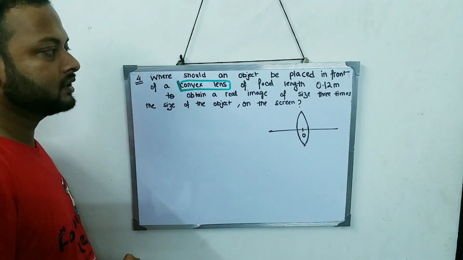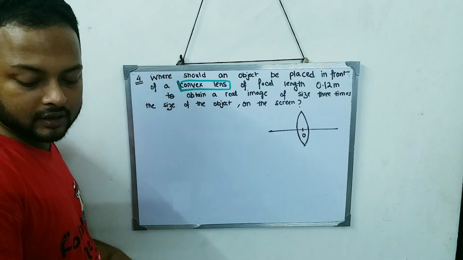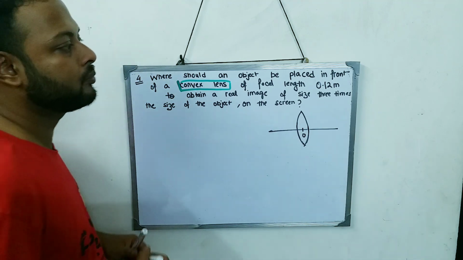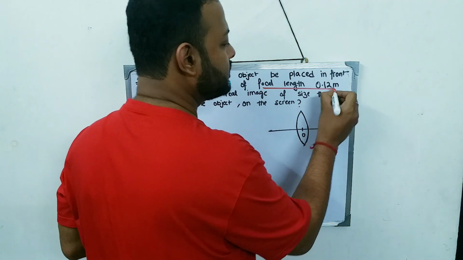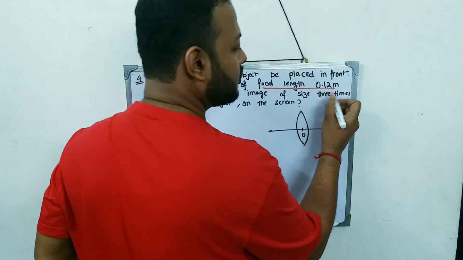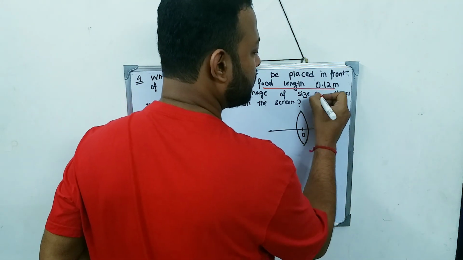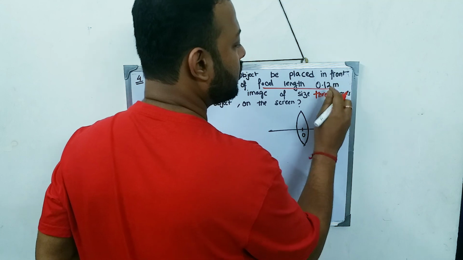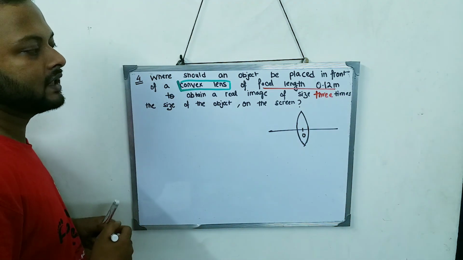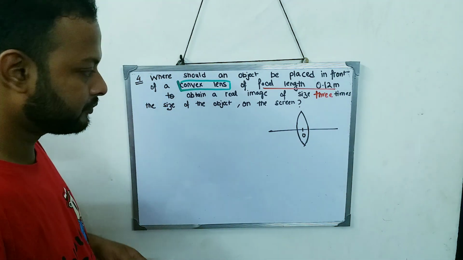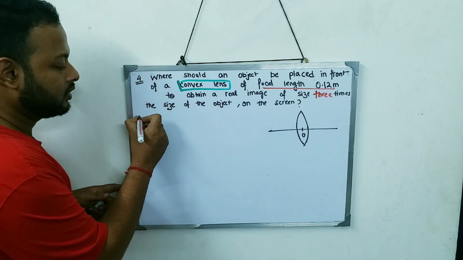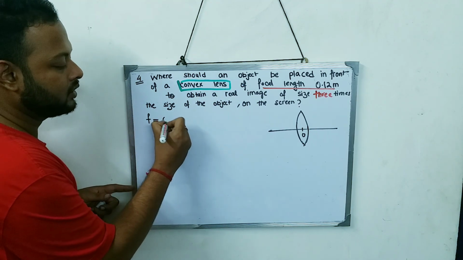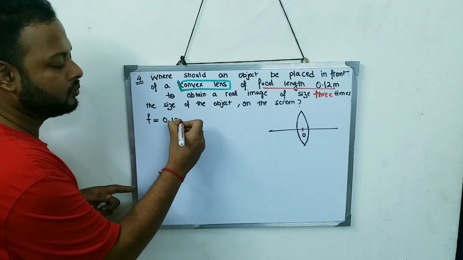Now the convex lens is given with a focal length of 0.12 meter. So we'll write focal length is equal to 0.12 meter.